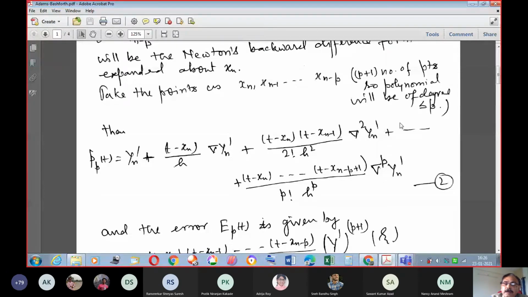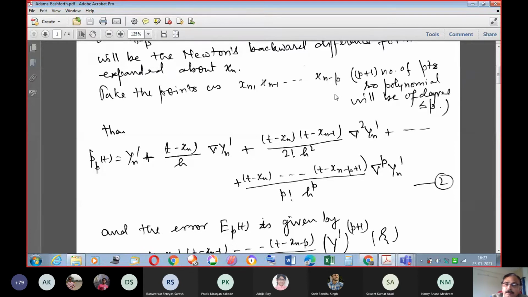Next, (t minus x_n)(t minus x_{n-1})(t minus x_{n-2}) divided by 3 factorial times h cube, times del cube y_n prime, and so on. The last term will be (t minus x_n) to (t minus x_{n-p+1}). Here the points go down to x_{n-p}, so it will be up to p minus 1.